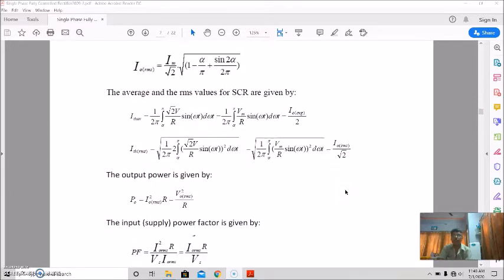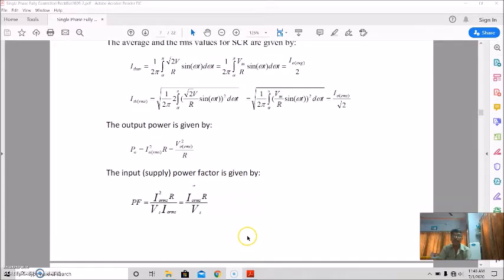And this is the output power. Basically, it is the RMS value of the output current squared into R, which is the RMS value of the output voltage squared by R. The input supply power factor is given by this.